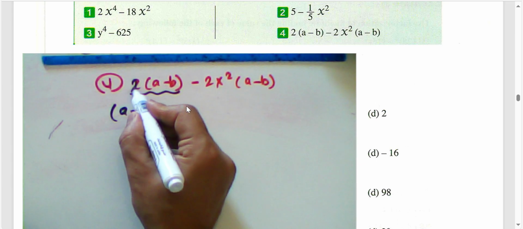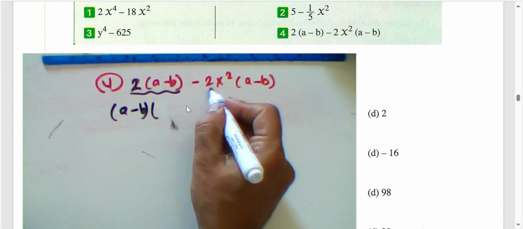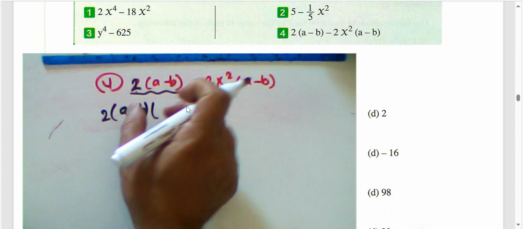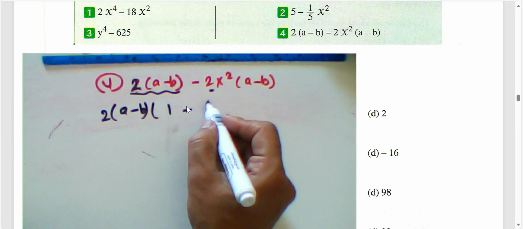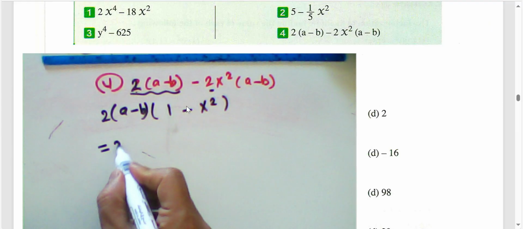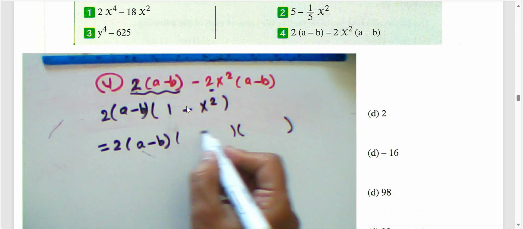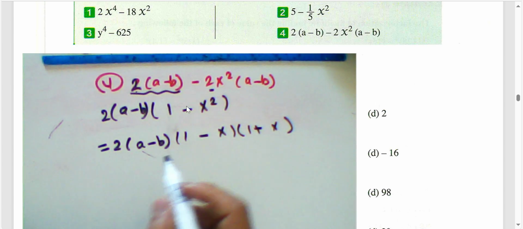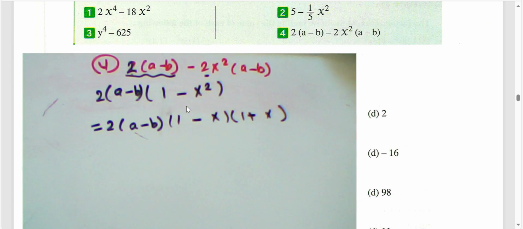This expression divided by a minus b equals 2, and we can also write 2 outside because 2 is repeated. 2 divided by itself is 1, subtract 2 divided by 2 is 1, x power 2, and a minus b divided by itself is 1. We write 2 outside, product by a minus b, and then factorize this expression. 1 times 1 equals 1, x power 2 is x times x, write negative and positive. That's question number 4.